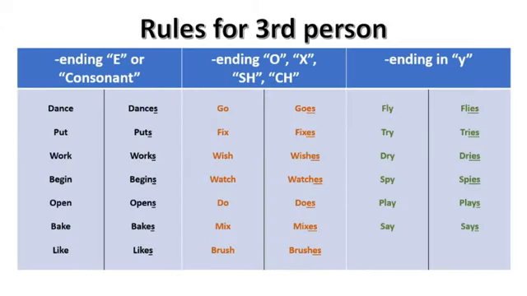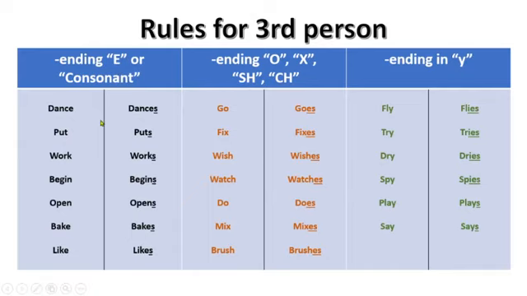What about third person? Third person has three main rules. For example, we have verbs ending with e or with a consonant: dance, put, work, begin, open, bake, or like. All of these verbs end with e or a consonant.